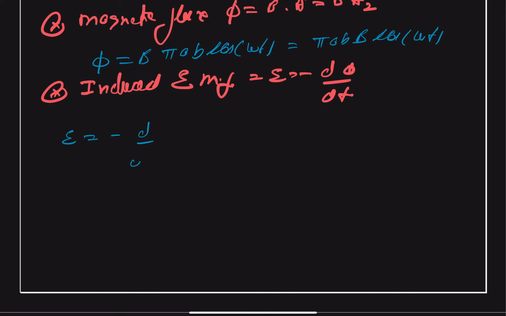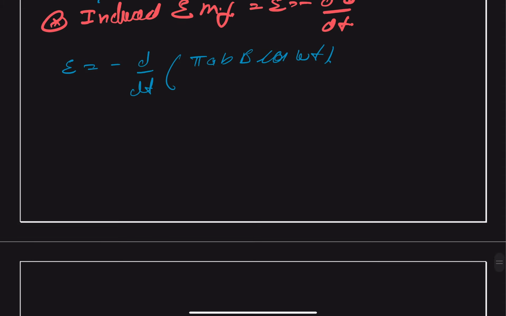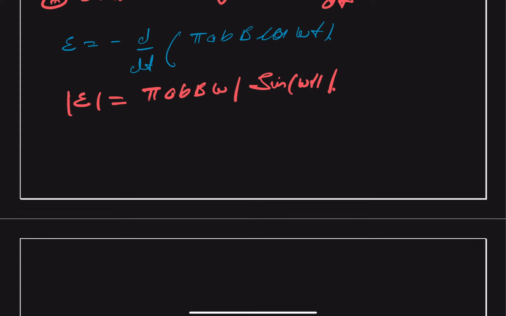minus d upon dt of pi a b magnetic field cos of omega t, and this gives us the magnitude, as we are mainly interested in magnitude. So we can say this is pi a b capital B omega sine of omega t, and we can find out the peak EMF.